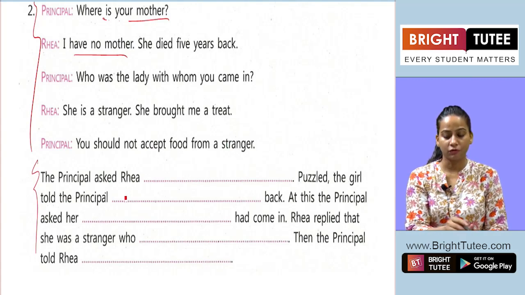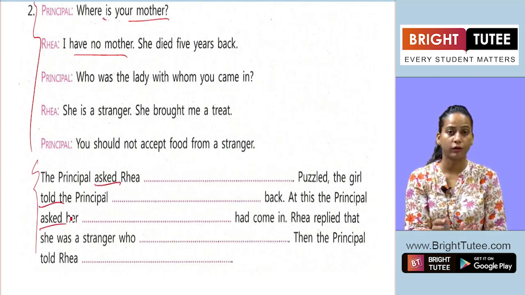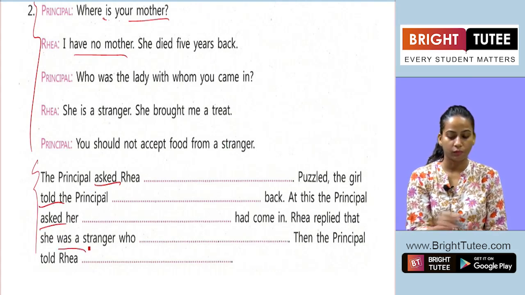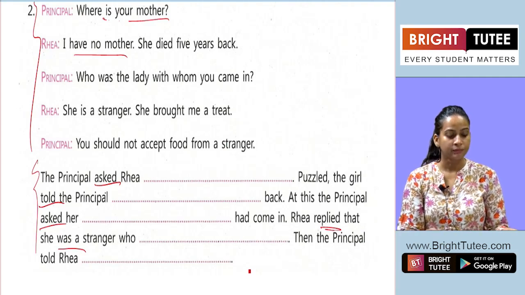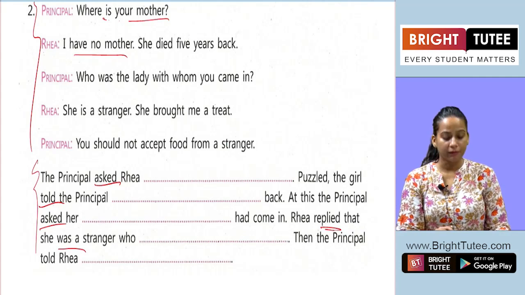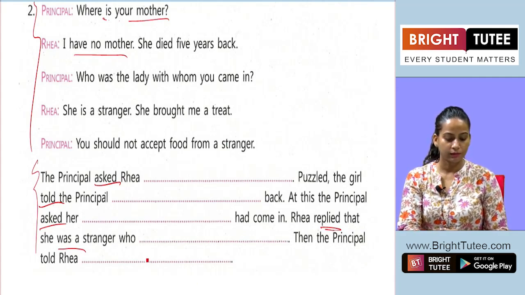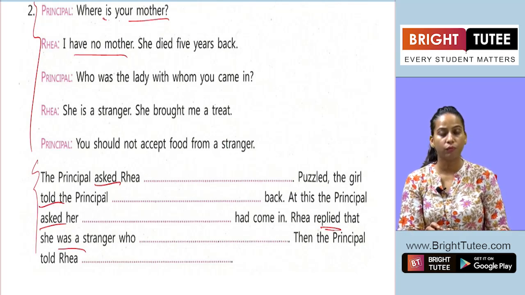The principal asked Riya. So we have to mention here the things according to which tense is there. So how we are going to change the sentences. Clear? So let's start with that. The first one they have given. The principal asked, where is your mother? So where her mother was.